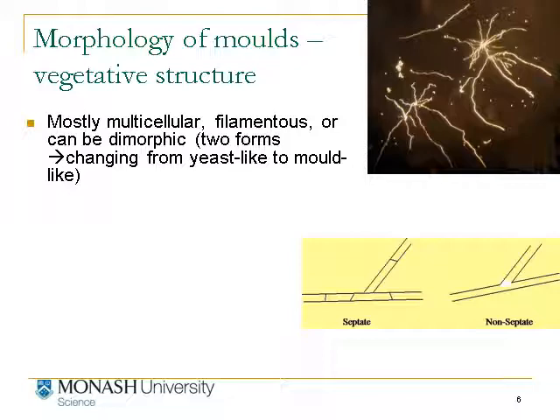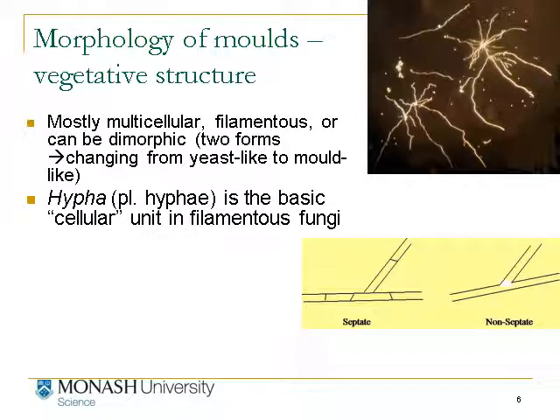They can change from yeast-like to mold-like or filamentous-like. Now hypha is singular, hyphae is plural, and this is the basic cellular unit in filamentous fungi. Collectively, they are called mycelium.